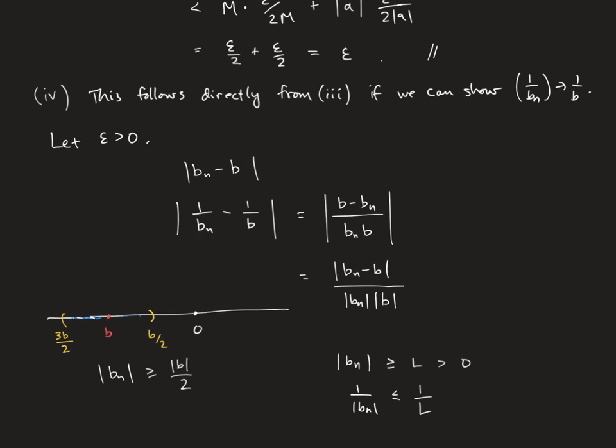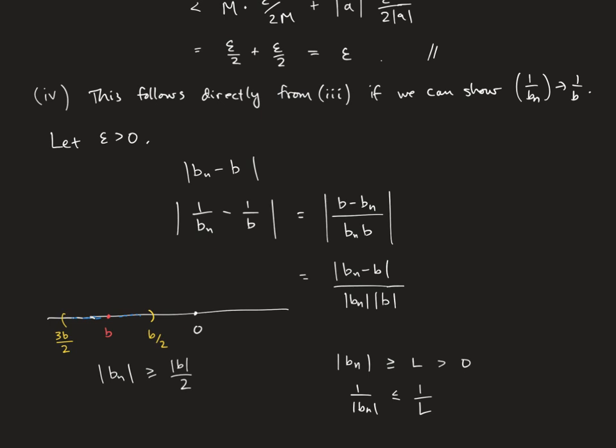So we want to use the fact that the bn's converge to b to put the bn's in this neighborhood, of size the absolute value of b over 2 around b. That is the basic idea for getting the lower bound on the bn's: put them in a suitable neighborhood that's away from 0.